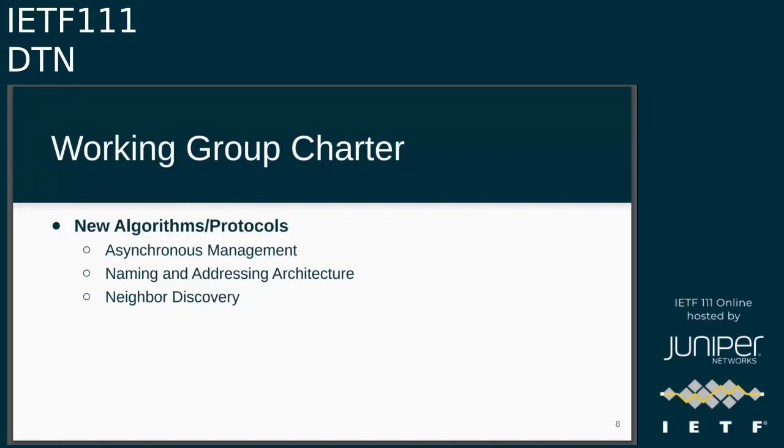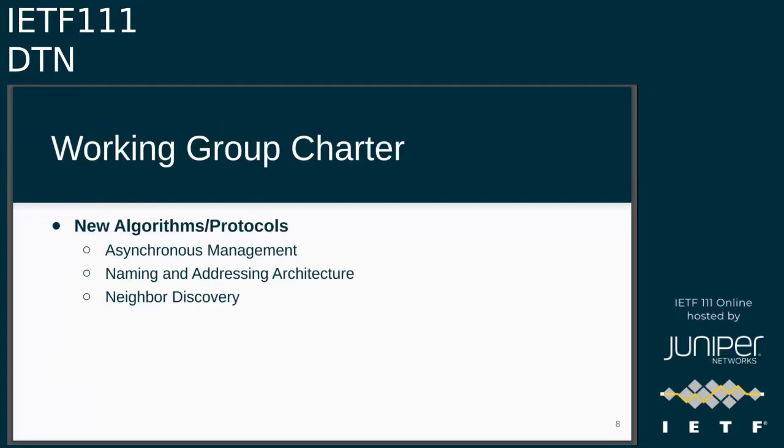One of my takeaways from the virtual interim, particularly on this slide, was to add neighbor discovery, and there was a comment made about service identifiers, which I know Mark Blanchet was really keen to find the time to work on. We've sort of mashed that into naming and addressing, because not only are you naming and addressing endpoints, you're also naming and addressing the services at those endpoints, or are services just a subset of endpoints within the taxonomy.